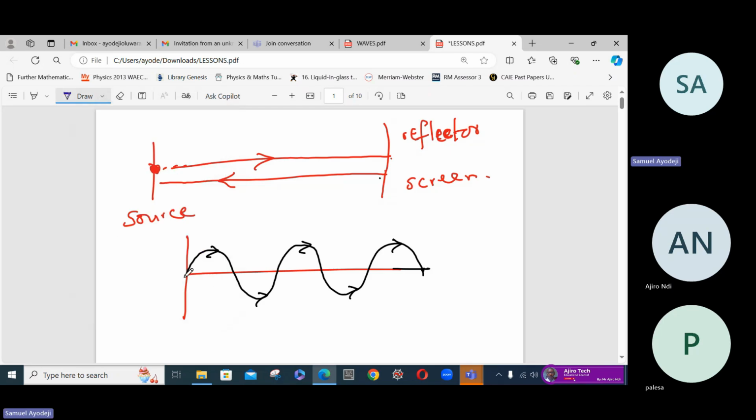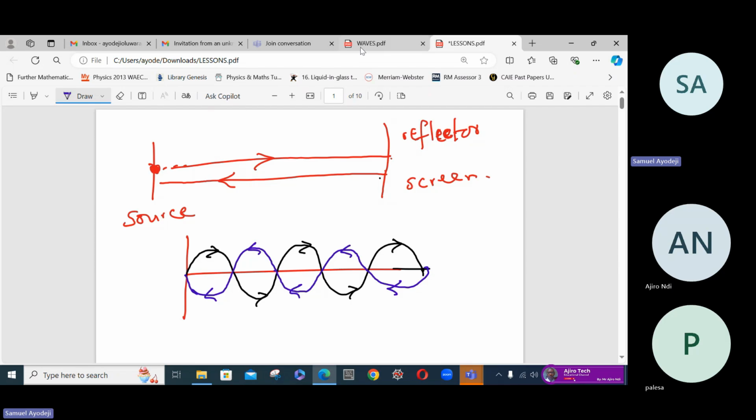Then the one coming back is superimposed. So secondary waves are formed. You can see the one traveling and the one coming back. They are both superimposed, so they overlap. That is called a stationary wave.